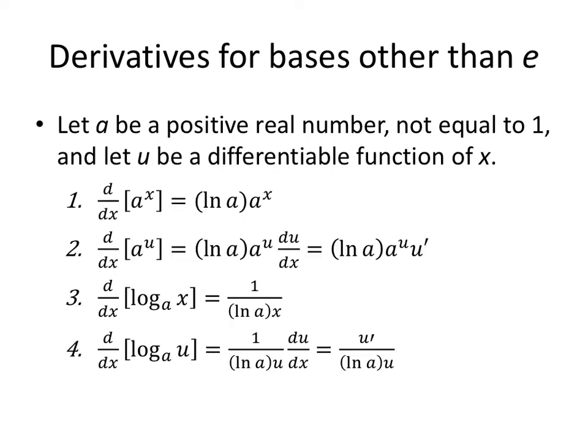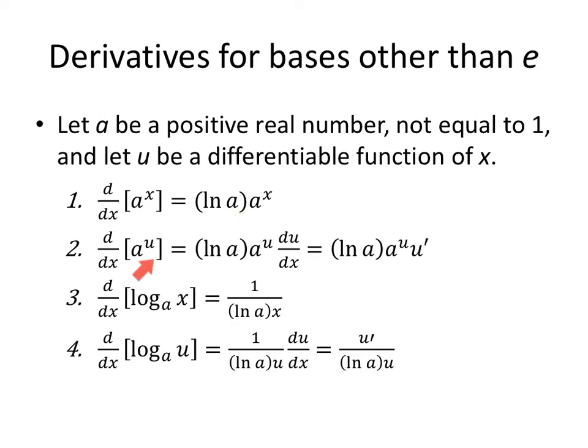So, let a be a positive real number not equal to 1. It's the base of an exponential function. We're going to let u be a differentiable function of x. So, the derivative of a to the x is natural log of a times a to the x. The only thing that changes, right, the derivative of e to the x is itself, e to the x. If the base is no longer e, all that changes is that we multiply by the natural log of the base in front.